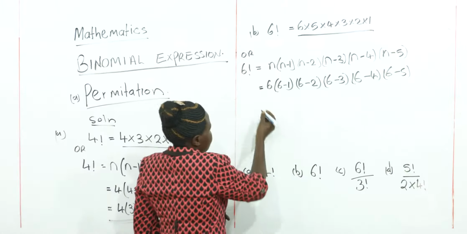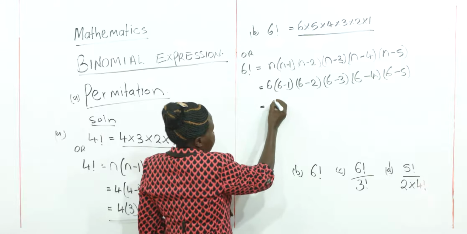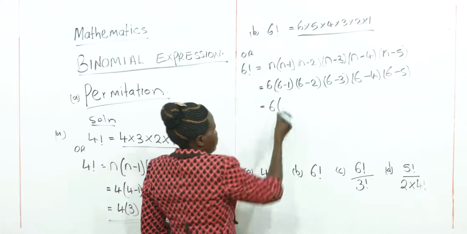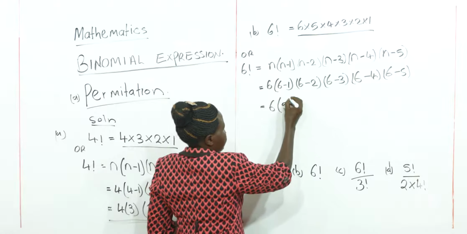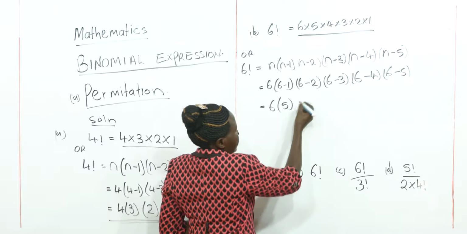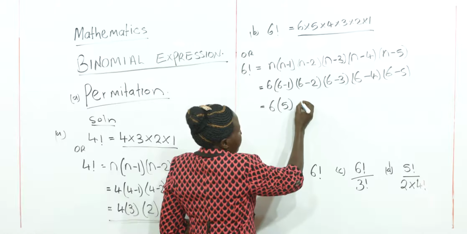So this will give us what? 6 into 6 minus 1, we get 5. So we shall have 6 by 5, and then we have 6 minus 2, we get 4.